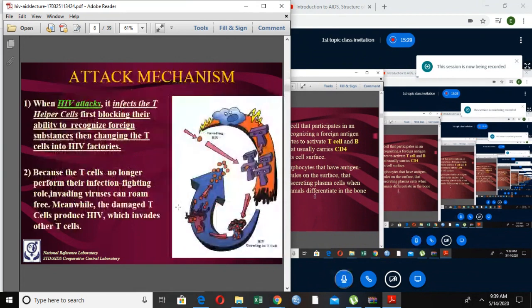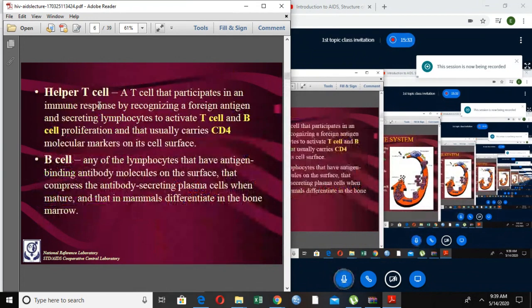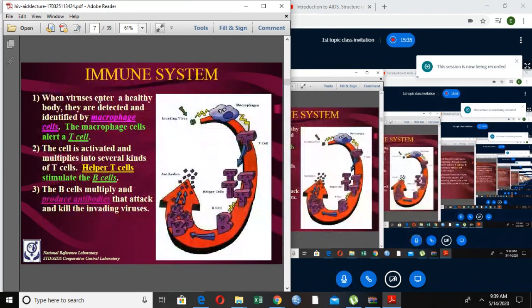Yes. Then let's see what the immune system is, and how it works. So when a virus enters a healthy body, it is detected and identified by macrophage cells. Then these macrophage cells alert the T cells.